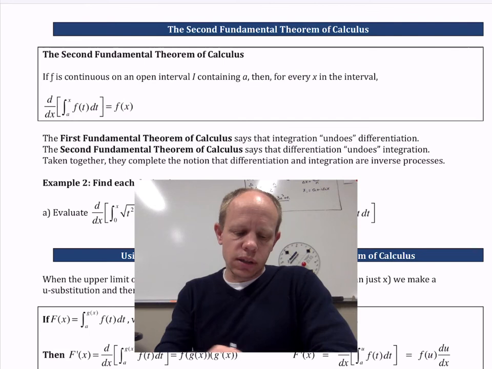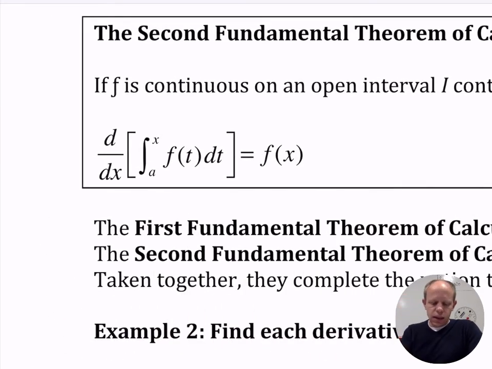And so what you're going to notice here is if we substitute x in for all these t's, when we evaluate at a, that's just going to give us a constant number. When you take the derivative of a constant, it's gone. And so all we're going to really be left with is the derivative of the antiderivative, which is the original function at x.